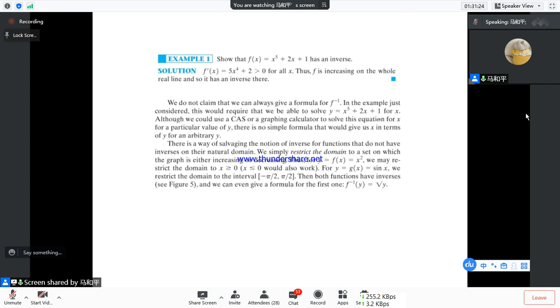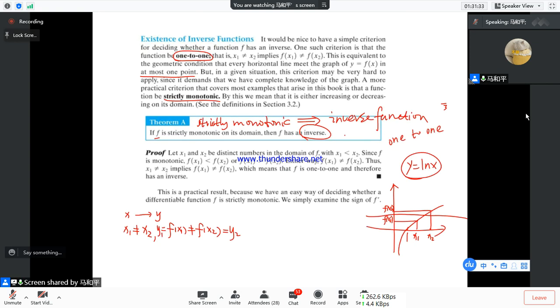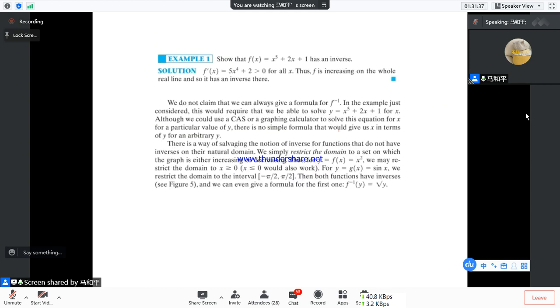Now we have example 1. If we want to show that f(x) has an inverse, maybe we can use theorem A. We just need to show f is strictly increasing or decreasing. We learned last semester that if f'(x) is greater than 0, it's increasing, and if f'(x) is less than 0, it's decreasing.